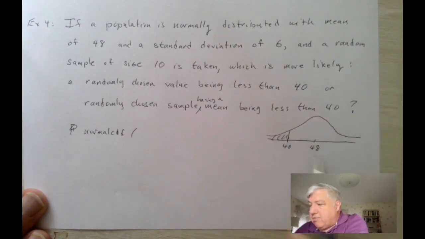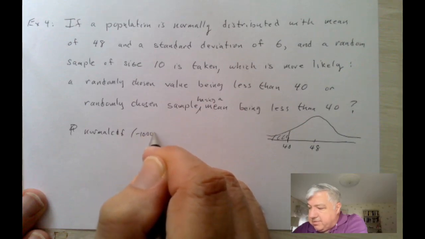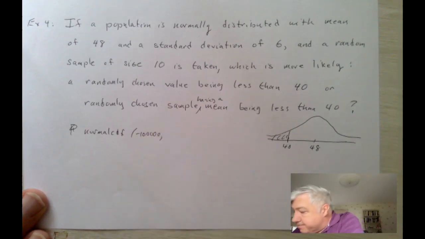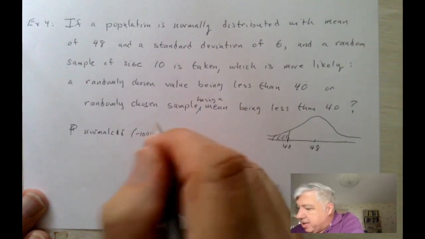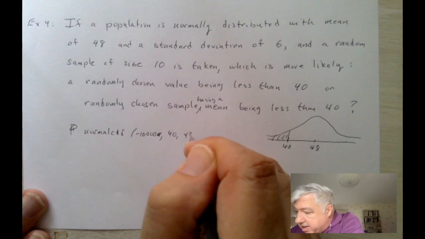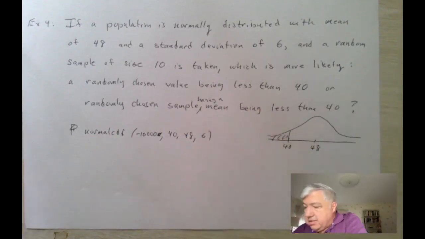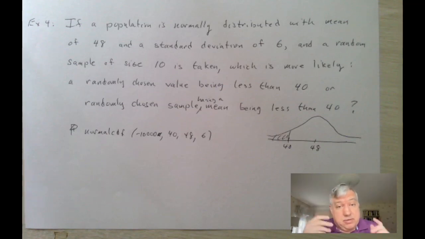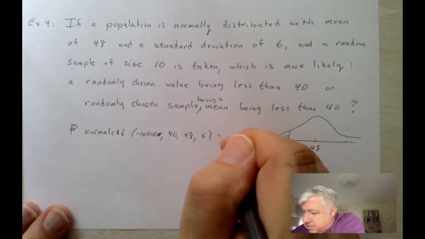If we're just using our original population, we use normal CDF of negative 10,000, 40, 48, and we said the standard deviation is 6. So this represents the probability that a single value is less than 40, and that's 0.0912.